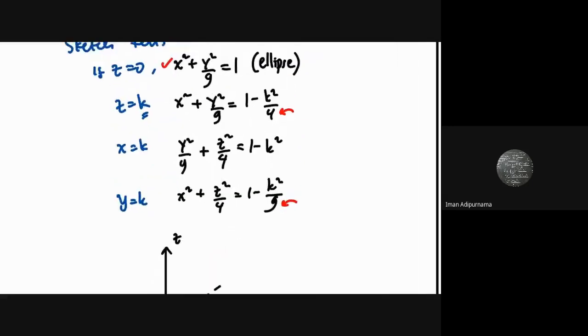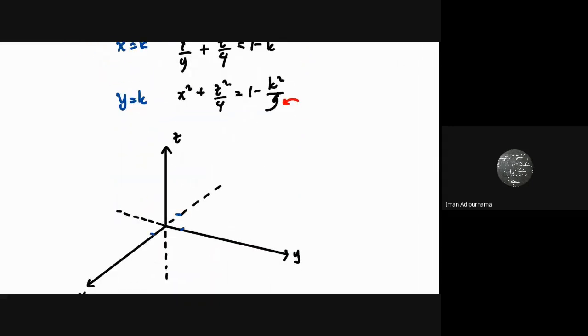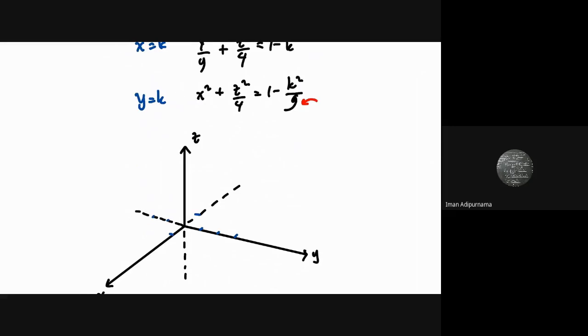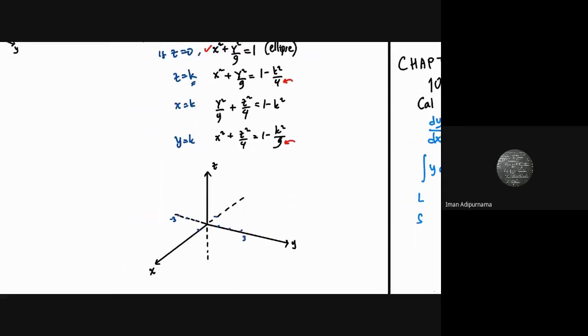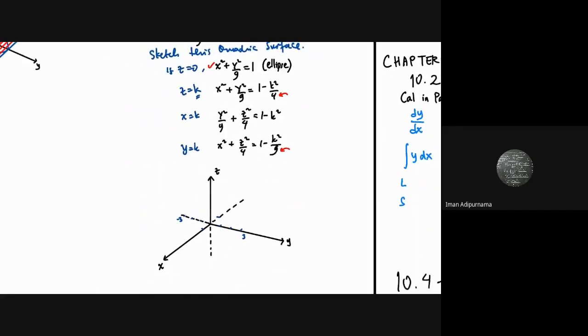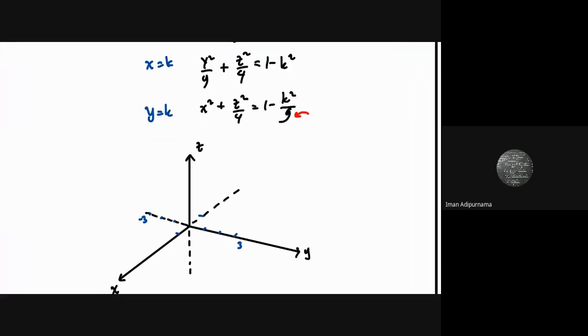So this is -3, and this is 3. So in the xy plane, we have this ellipse.